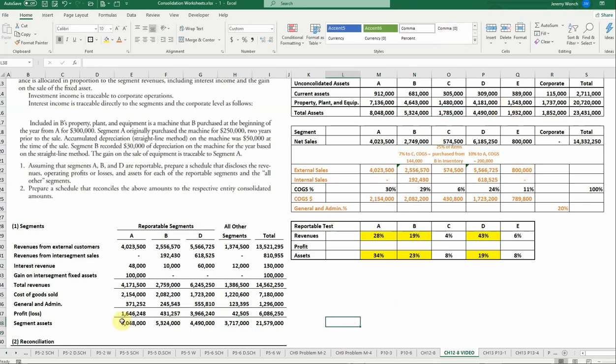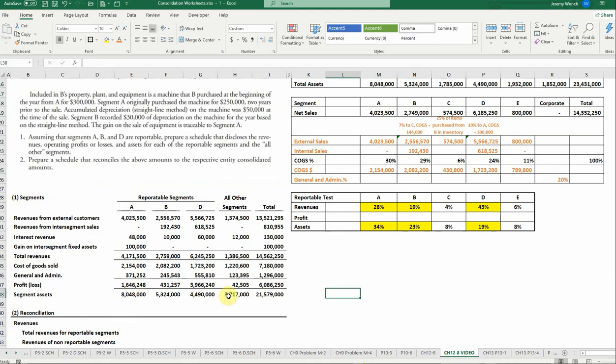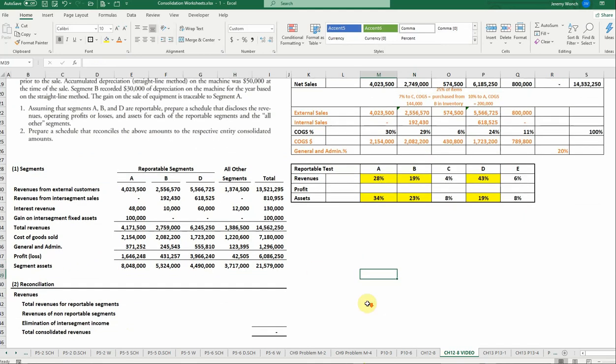All right, now we have the total segment assets as well. And so this is one of the disclosures that we're going to show in the financials.